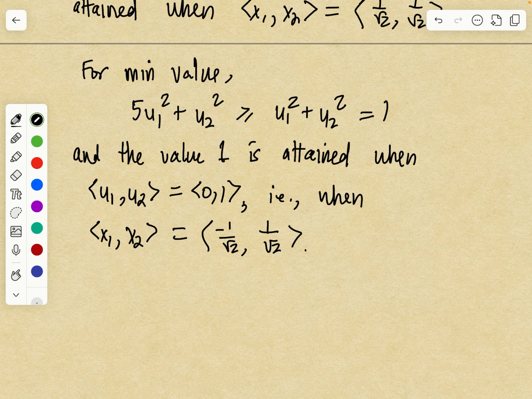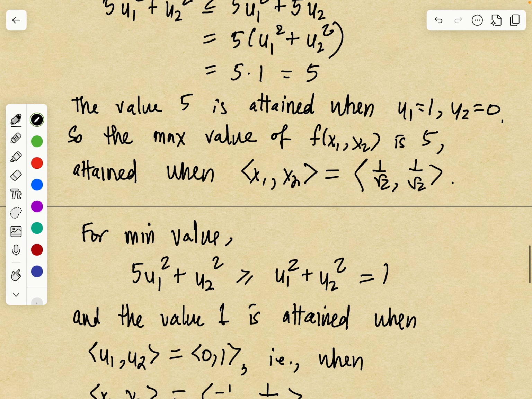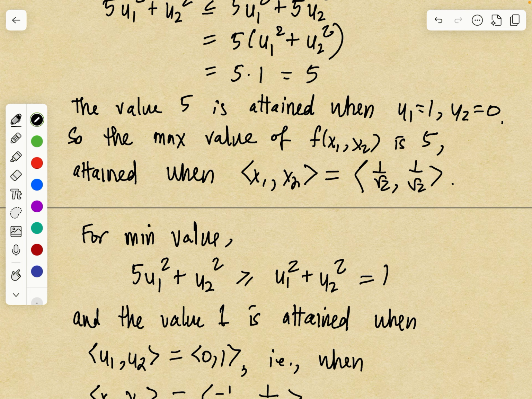So now we see a new way of thinking about these eigenvalues and eigenvectors, right? Notice that 5 and 1, these were the eigenvalues. So the max value was 5, the min value is 1.